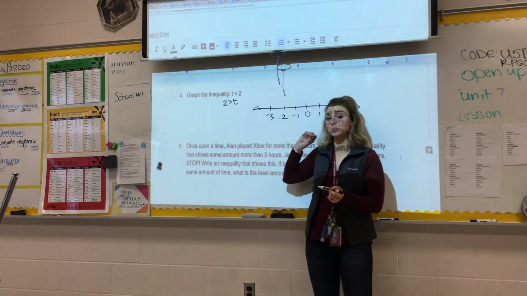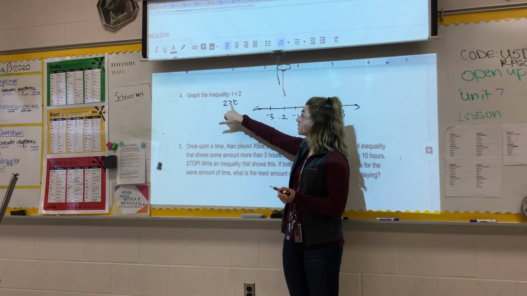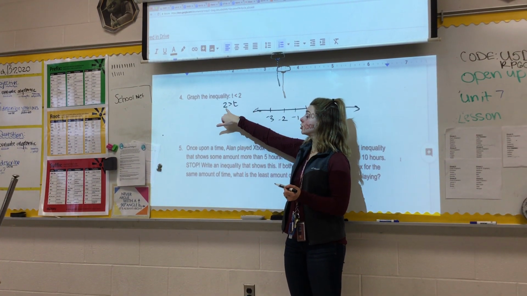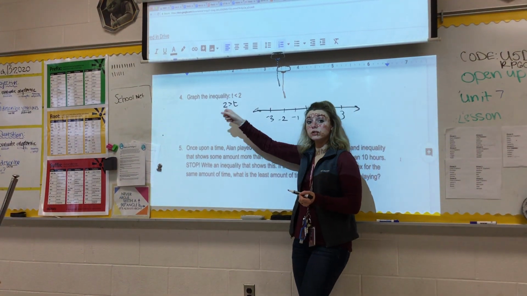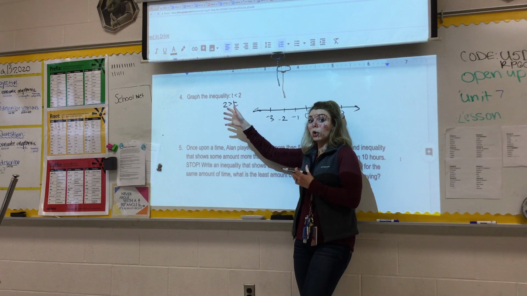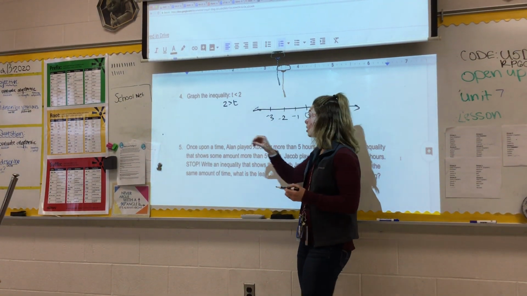Now I know that I'm going to plot my number over the 2. This symbol shows me that T is less than 2, 2 is greater than T. So that means that 2 is not my answer. It could be 1.99999, but 2 will never be my answer.